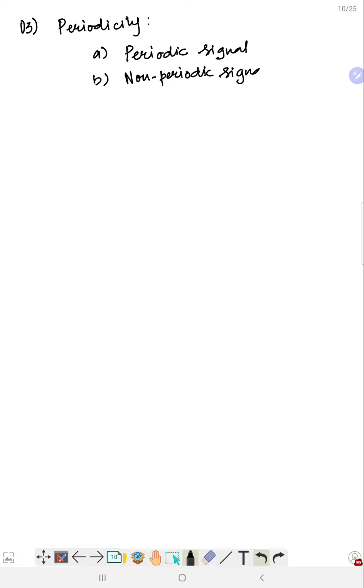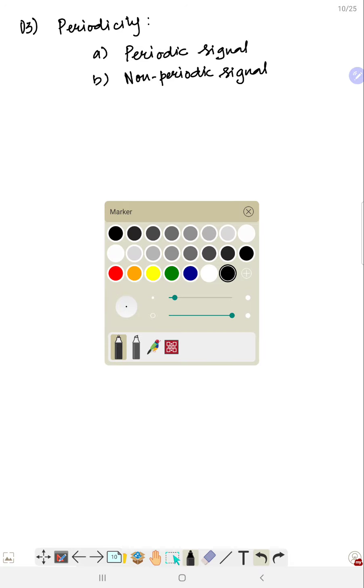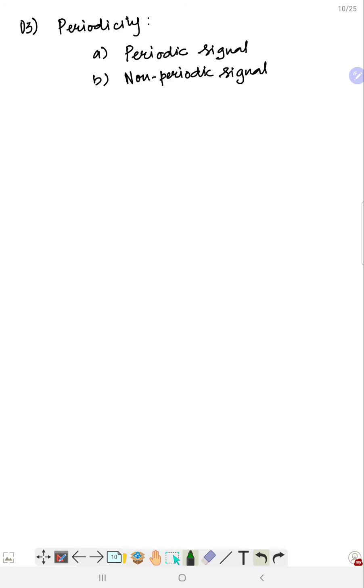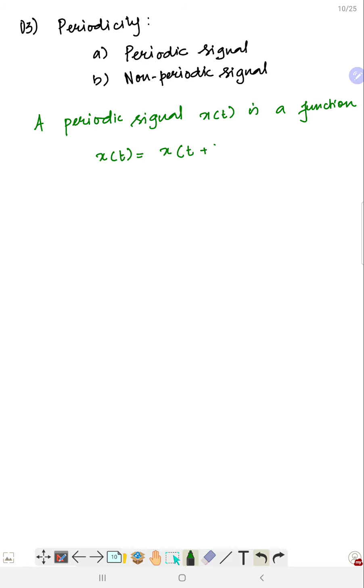Definitions are self-explanatory. A periodic signal repeats itself. To be precise, it repeats itself after some time interval. So if I use the mathematical definition, a periodic signal x of t is a function that satisfies this condition: x of t is equivalent to x of t plus some time interval, capital T, after which it repeats.